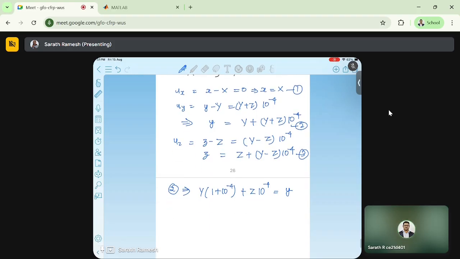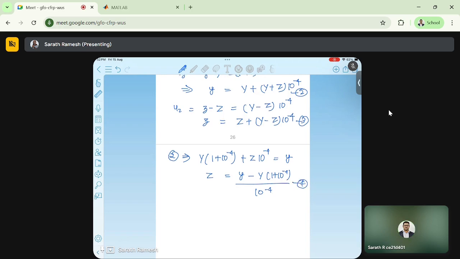Let's substitute z equal to y minus capital Y into 1 plus 10 to the power minus 4, times 10 to the power minus 4.